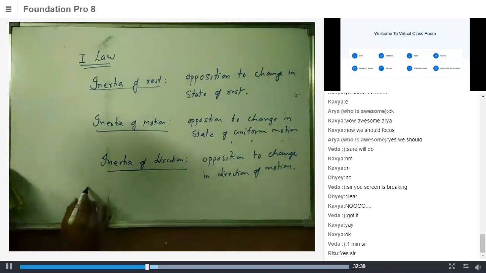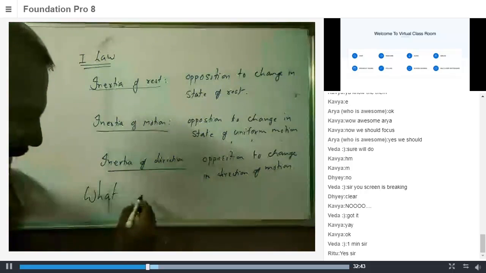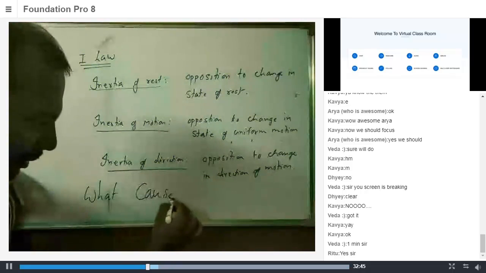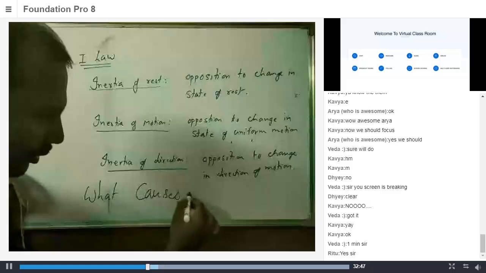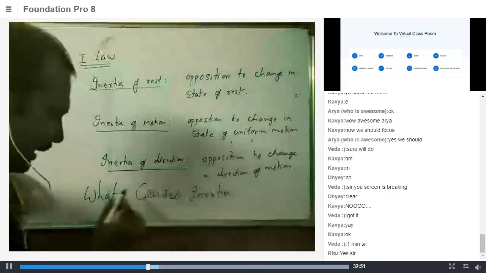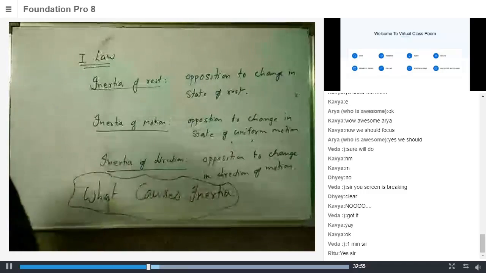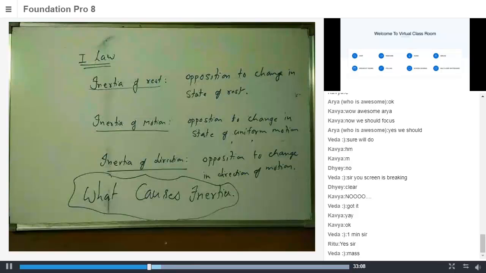Yes. Now, the next important question, which I think we answered in the last class: what causes inertia? Let's try to investigate this. What is the cause of inertia? Mass causes inertia, according to what we discussed last class.